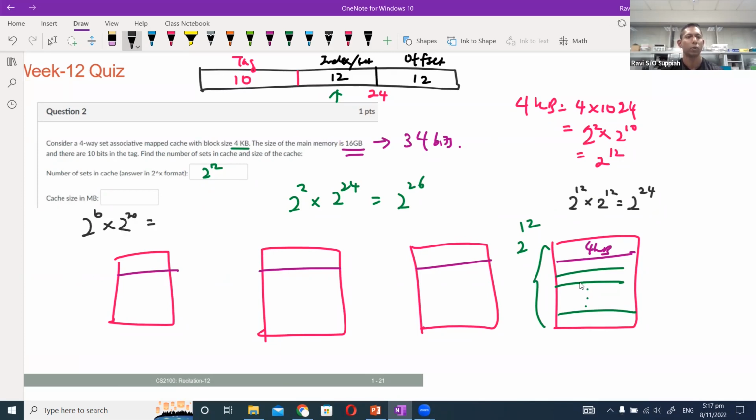Correct, because 2 to the power of 20 is megabyte, and 2 to the power of 6 is 64. So this would be 64 megabyte. That is how you can easily relate kilobyte and megabyte to powers.